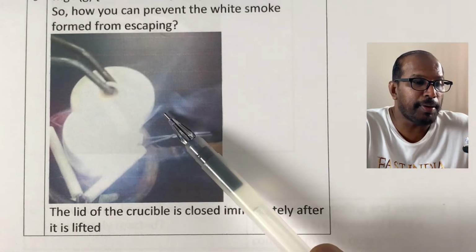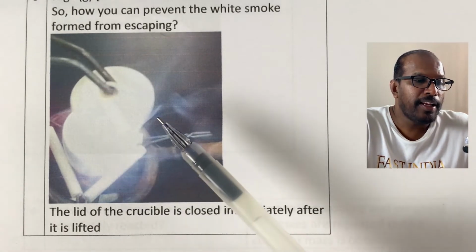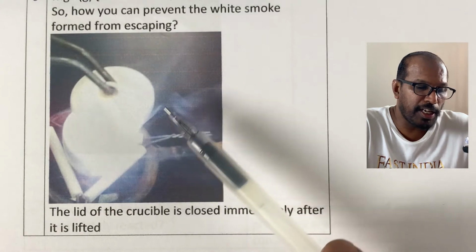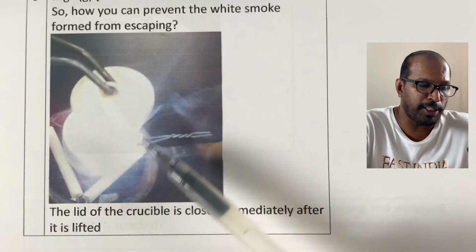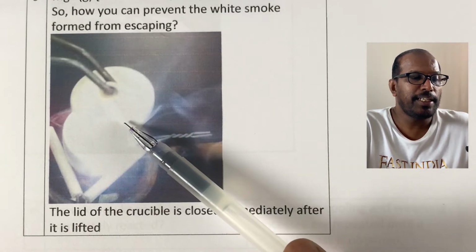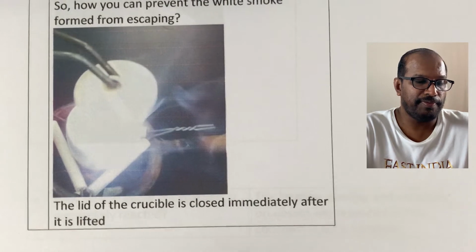That means the experiment is no longer accurate. So prevent the white smoke from escaping as much as you can. When you open the lid, make sure you close it immediately after you have lifted it.